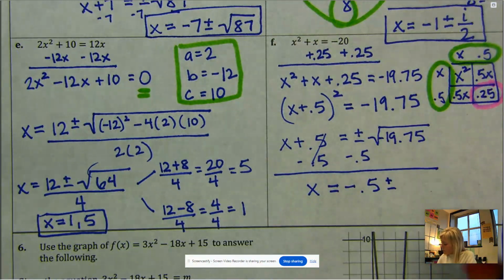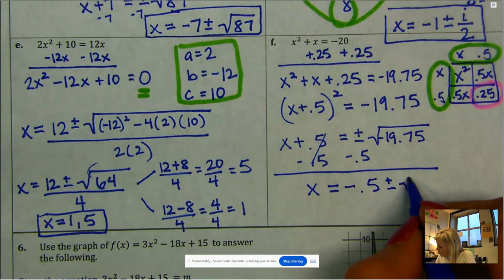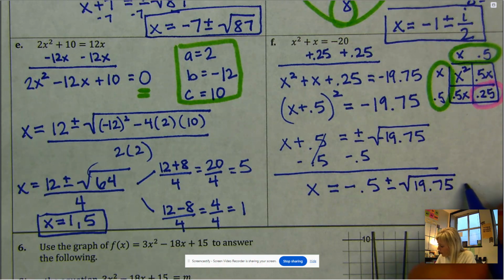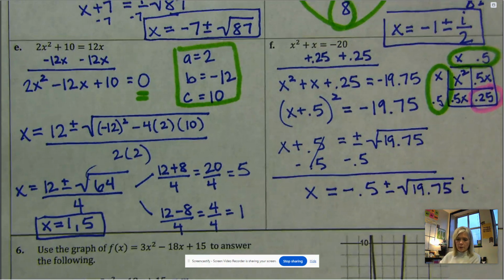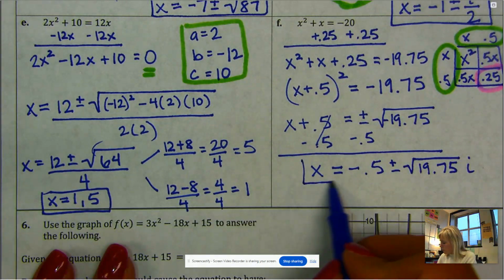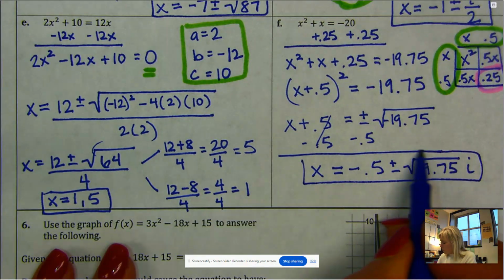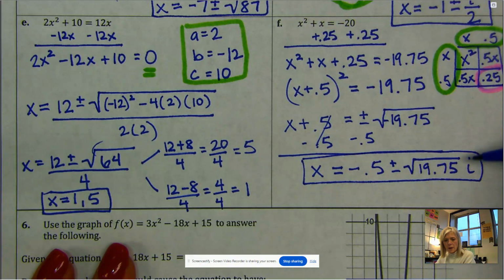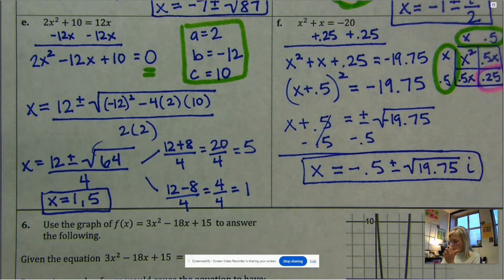It should stay negative, plus or minus the square root of positive 19.75 with an i after it. So it is a complex solution. And then that negative here makes us have an i at the end of our answer.